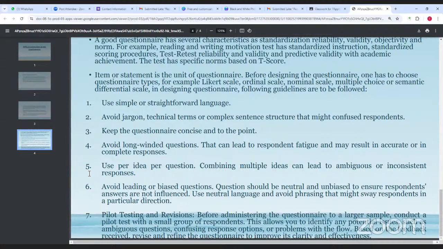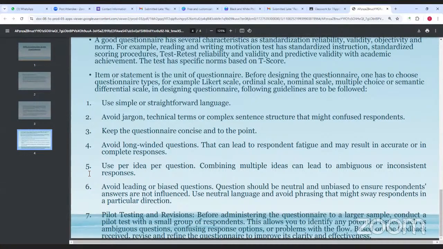Another one is the internal consistency. That means whether the items are measuring the same construct or not. If they are measuring the same construct, then the inter-item correlation will be very high.